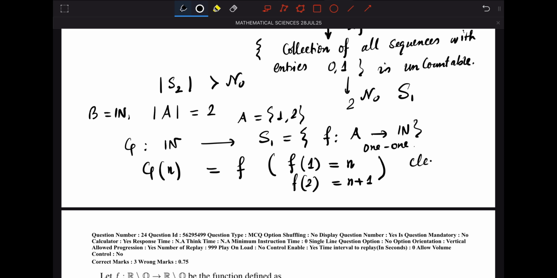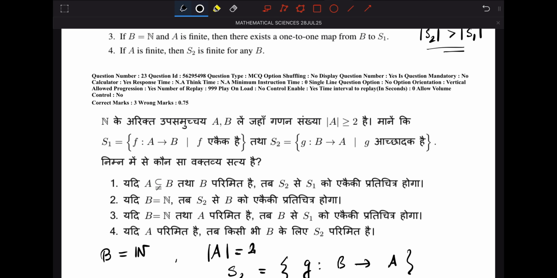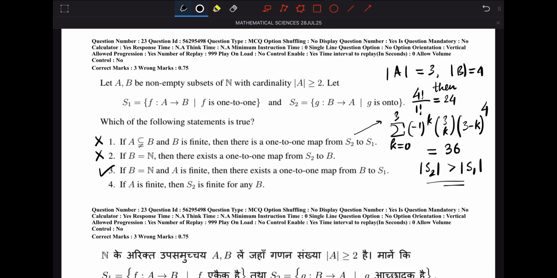So clearly phi is injective. So 3 is correct.